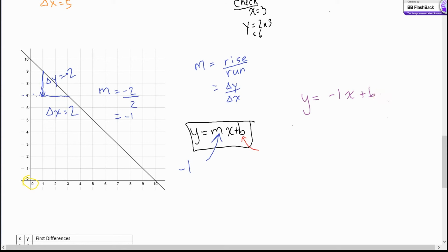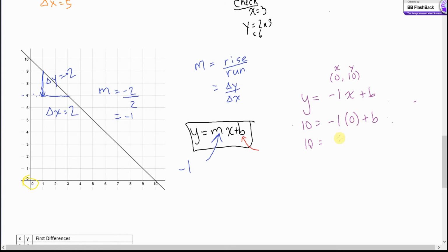We have a point here. We have 0, 10. 0 is the x value, 10 is the y value. This is a great trick. Writing x and y above really helps. So we're going to sub those values into the equation. 10 is equal to negative 1 times 0.